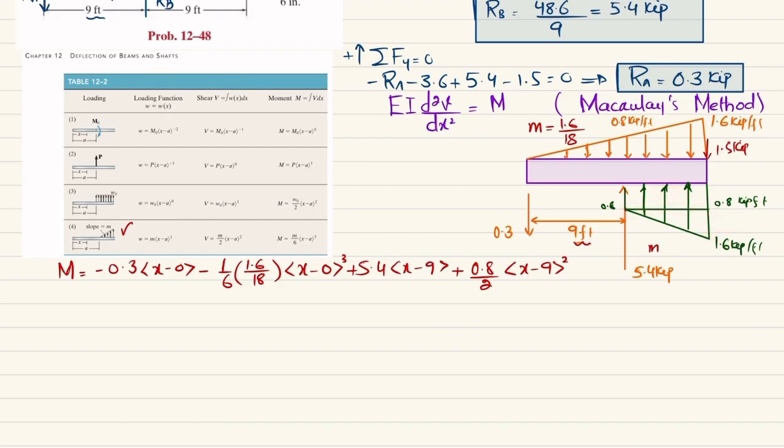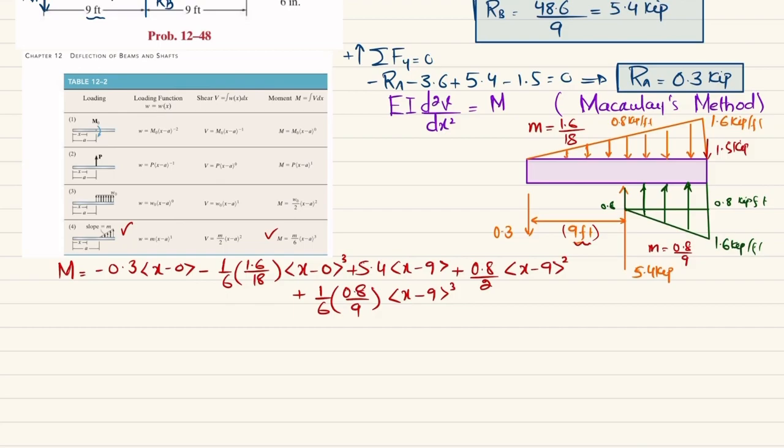So m is equal to 0.8 divided by 9. And you can see this load is upward, so this will be positive. So plus m by 6, so 1 by 6 into m is 0.8 divided by 9 into x minus a. A for this is again 9. This 9 power 3.